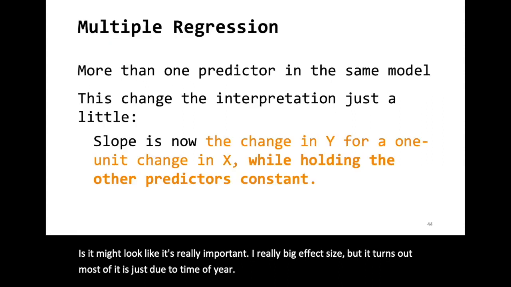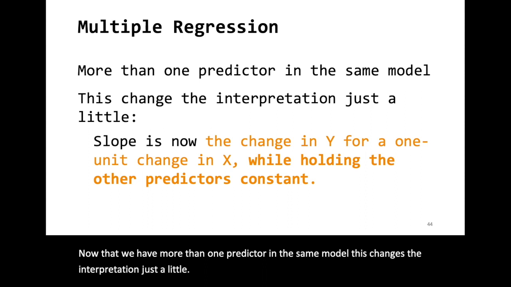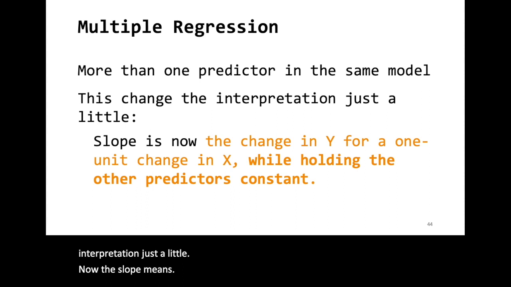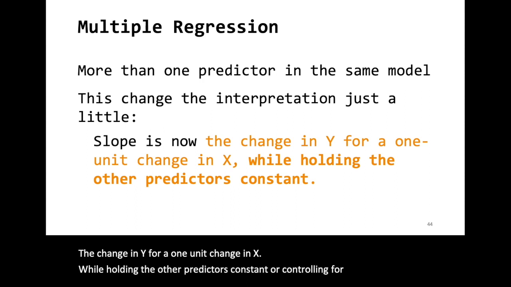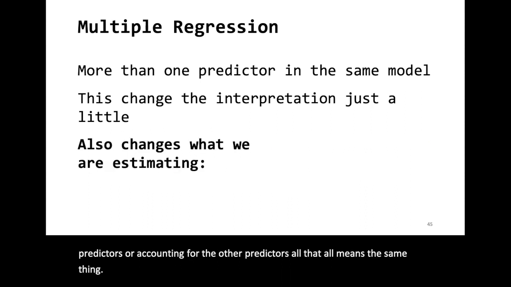Now that we have more than one predictor in the same model, this changes the interpretation just a little. Now the slope means the change in y for a 1 unit change in x while holding the other predictors constant, or controlling for the other predictors, or accounting for the other predictors. That all means the same thing. It also changes what we are estimating.